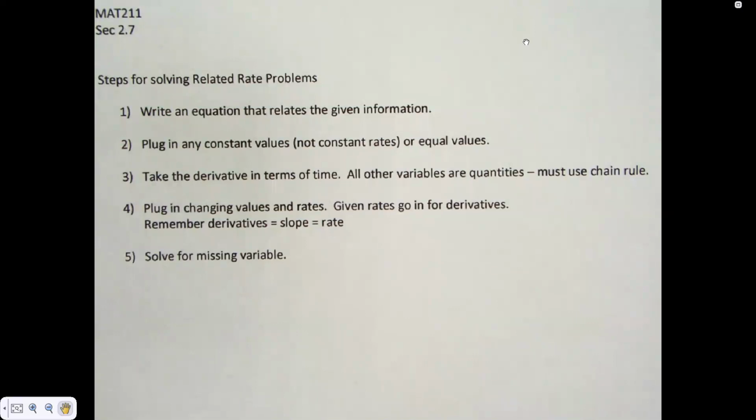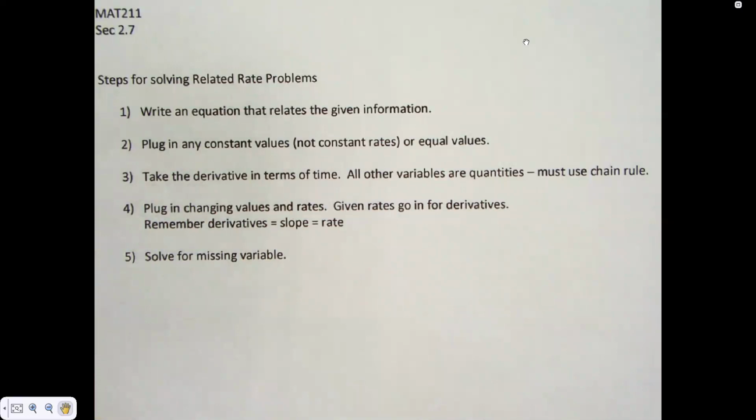So the procedure is finding an equation to relate the two quantities, and then we're going to use the chain rule to differentiate both sides. We take the derivative in terms of time. And because we're doing it in terms of time, and I know we're getting a little bit ahead, that's why we have to use the chain rule. Okay, so we'll talk about that.